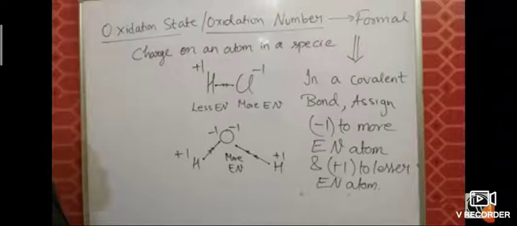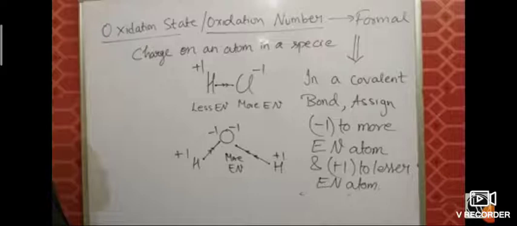Hydrogen will change to plus 1 by leaving the control of one electron. So chlorine has control of that electron, so it gains -1. Hydrogen is less electronegative, chlorine is more electronegative than hydrogen. So in a covalent bond, assign -1 to the more electronegative atom and plus 1 to the less electronegative atom.